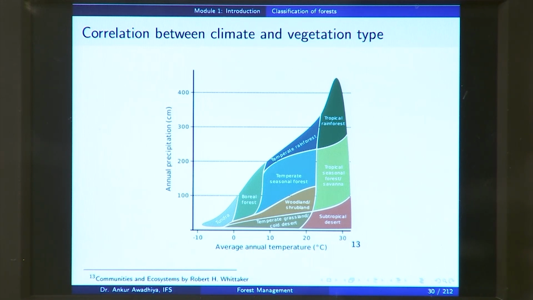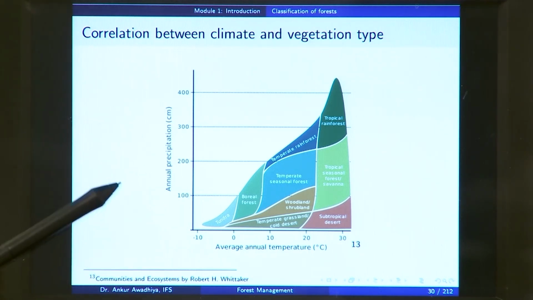At the same time, very little water is available to these plants in liquid form. So, you will find a very scanty amount of growth, and that makes up the tundra vegetation.